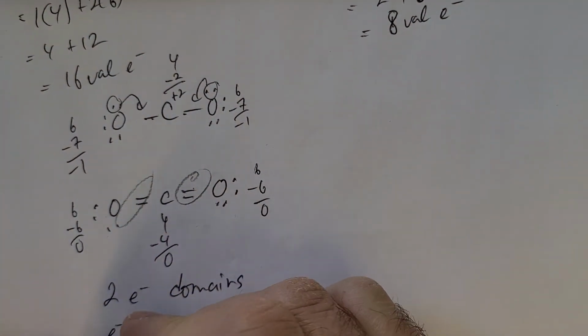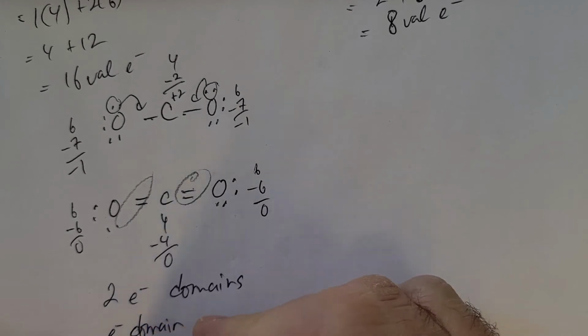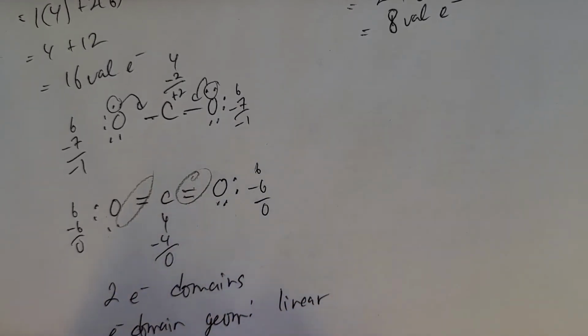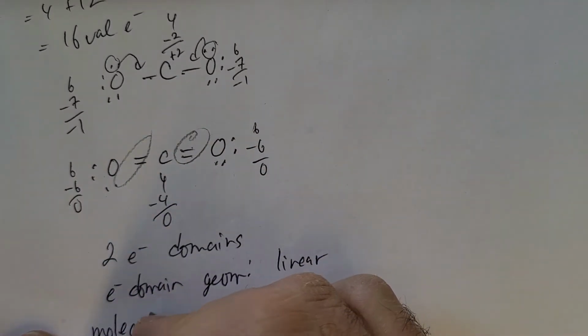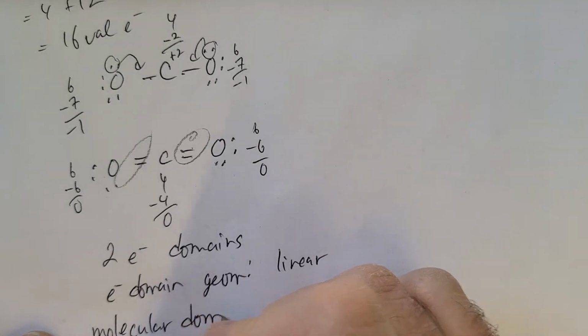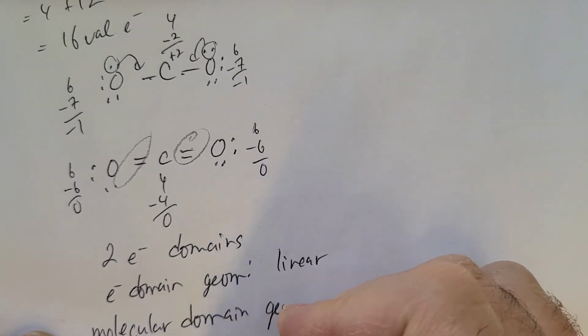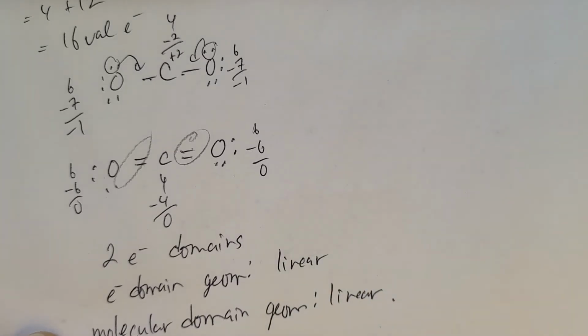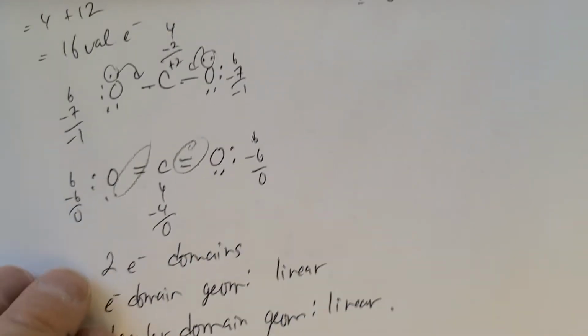So I can say electron domain geometry is linear, and the molecular geometry is also linear. So that's what I get for CO2.